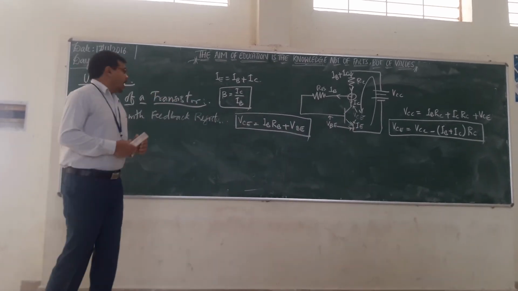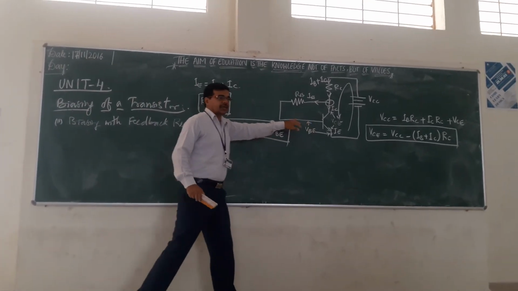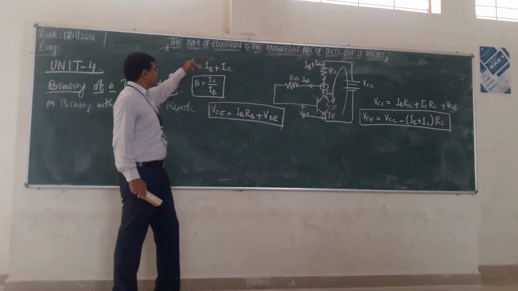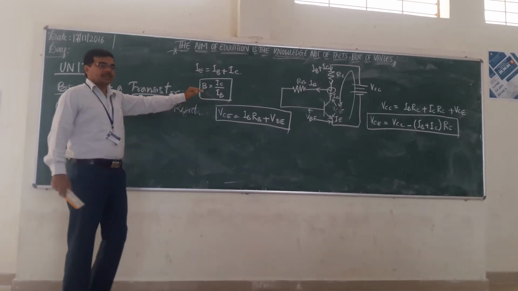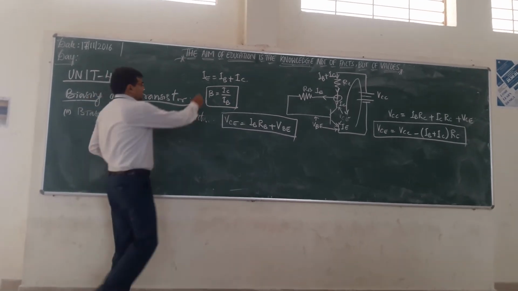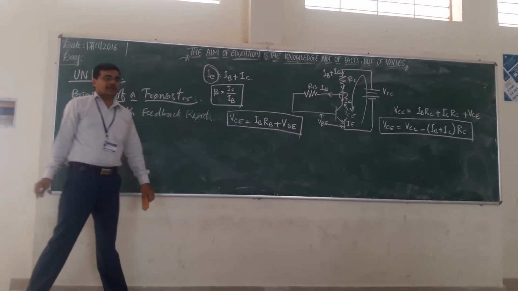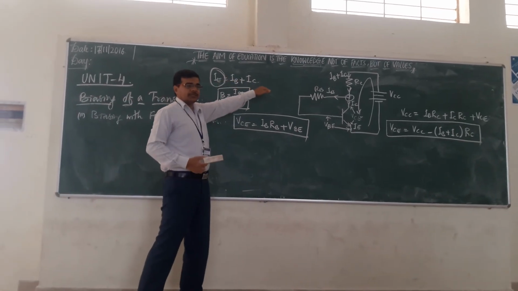Now I also know that in a general transistor, IE is equal to IB plus IC, and you know the beta of the transistor. Beta is IC by IB. The emitter current is equal to the base current plus the collector current.